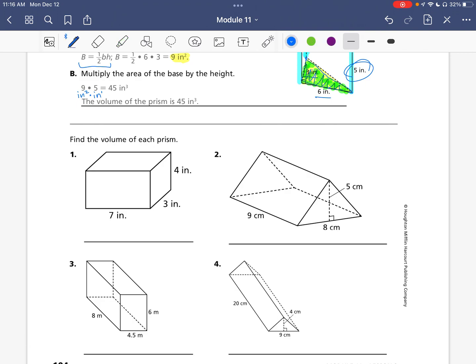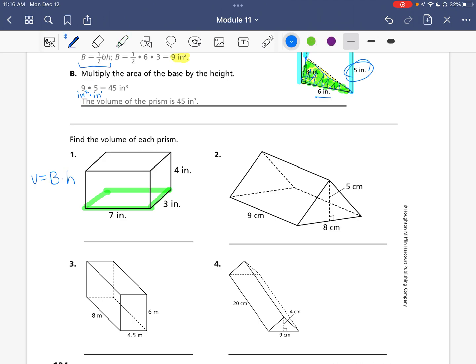For our first one, we're going to have volume equals our base, our big capital B base, times our height. So volume equals base times height. So our base is that bottom part here. So imagine this goes back.